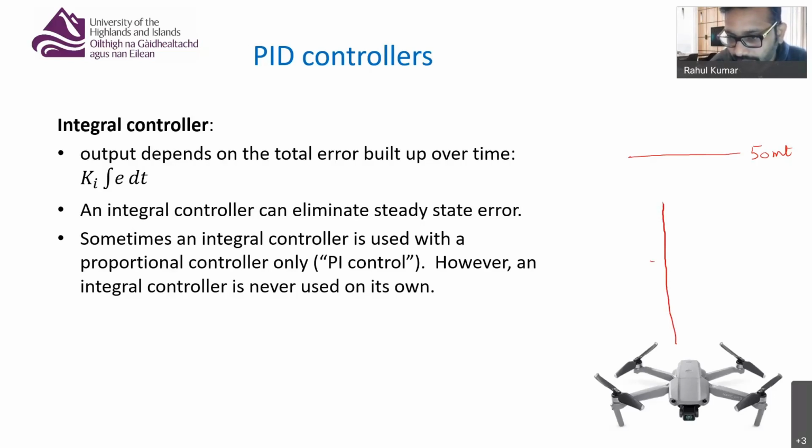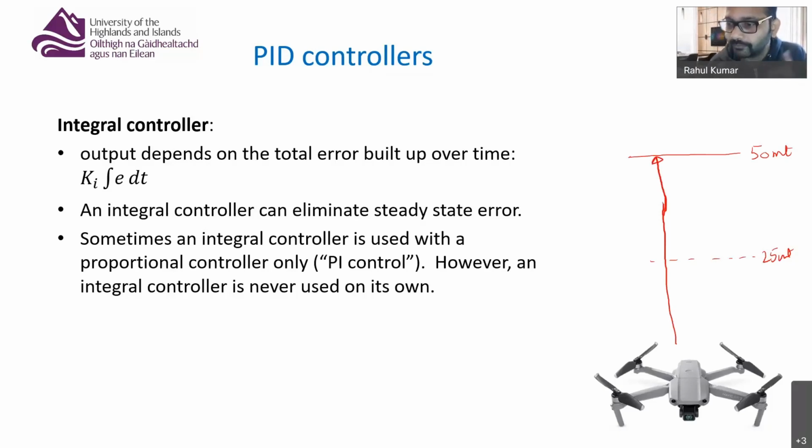And let's say after 25 meters, the speed of the propellers, or the speed at which the drone is flying, will start to reduce, and once it reaches 50 meters, the propeller will turn off. It will stop because it has reached 50 meters.